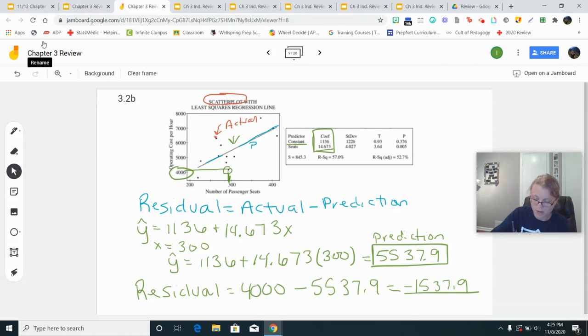To interpret this residual, I just want to compare the actual and the predicted. In this case, the actual is less than the prediction, so the line is above my actual point. The line's up here and my actual point's down here.